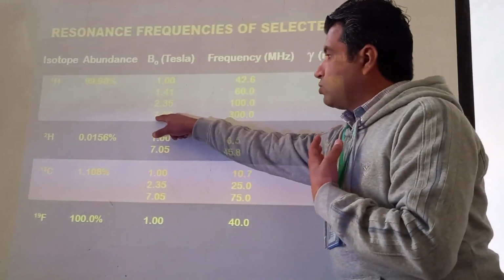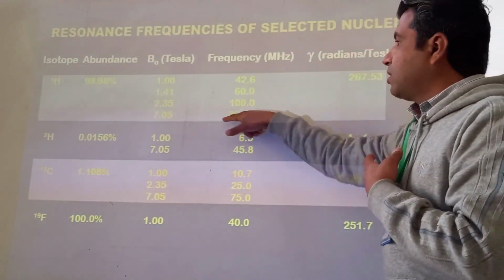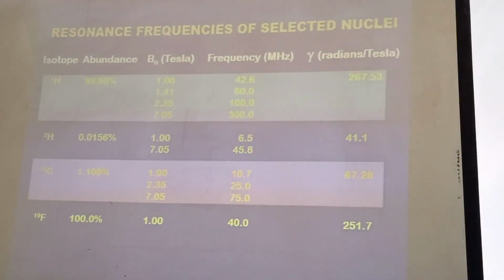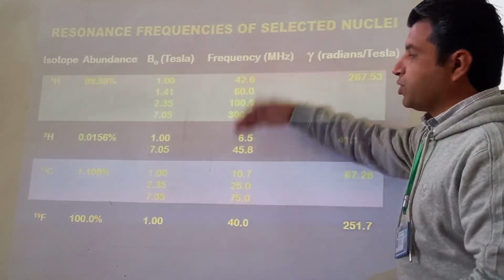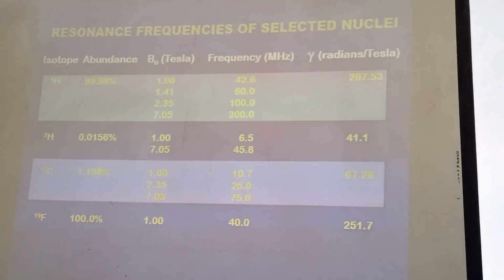If you go down to 7.05 Tesla, the Larmor frequency of proton is 300 megahertz, and the Larmor frequency of carbon-13 at the same magnetic field strength is 75. Again, that is 4 times that of carbon-13, right? So the difference between the Larmor frequency of proton and carbon-13 is 4 times.